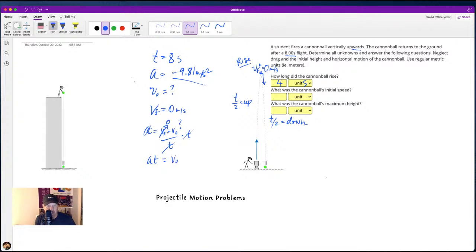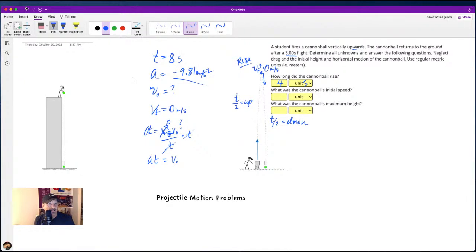Now notice this negative sign here, negative V initial. This negative sign goes with V initial, and g, which is our acceleration, is also negative.